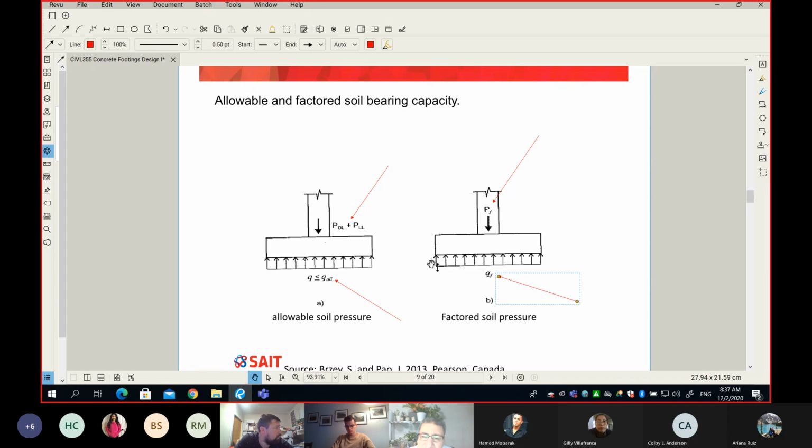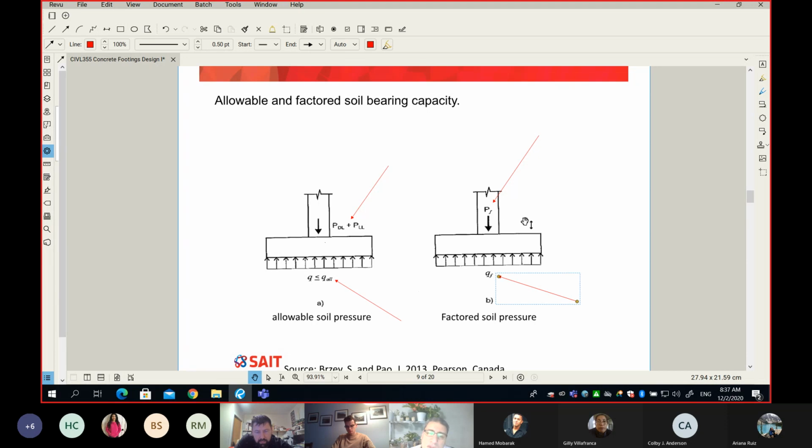So really, all you have to do is be careful. If the Q allowable is given to you and you want to size your footing, you must use the working load. If the geotechnical engineer gives you the Q factor, it means you can use the factored load.